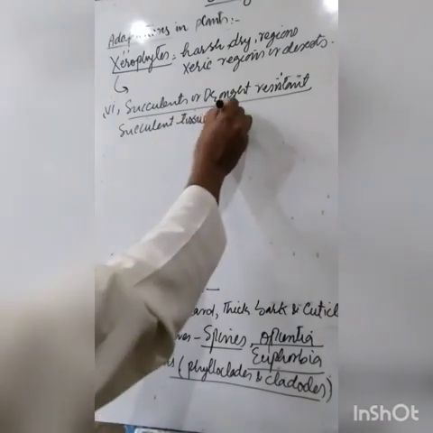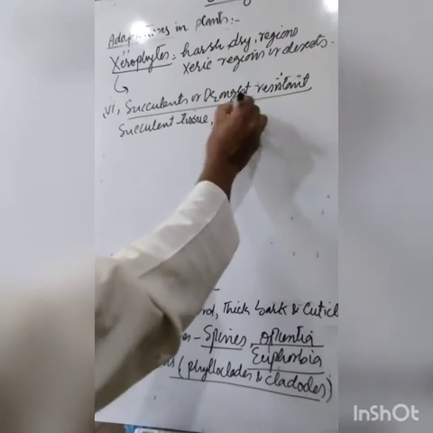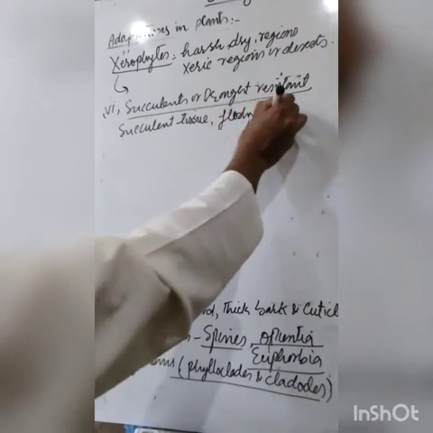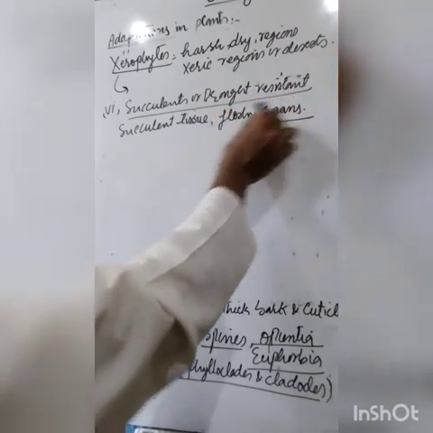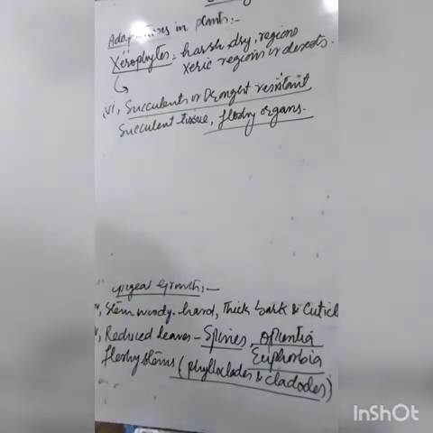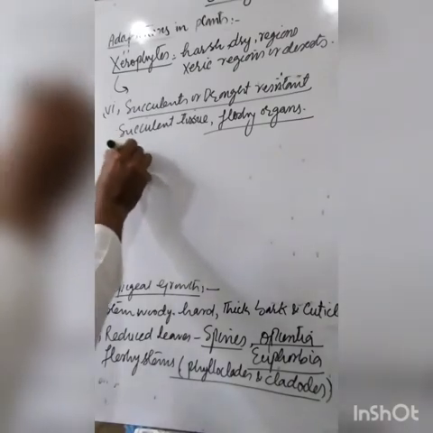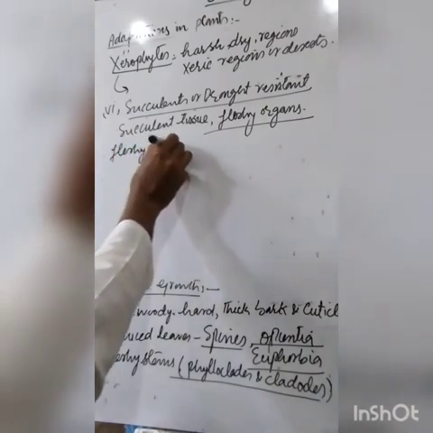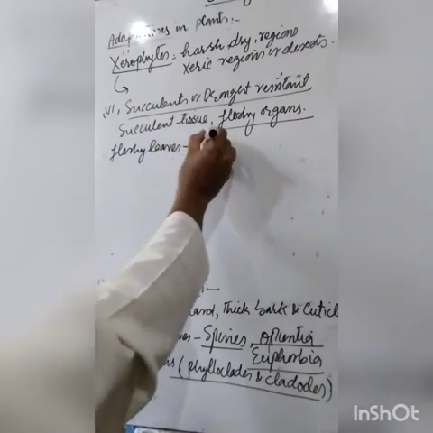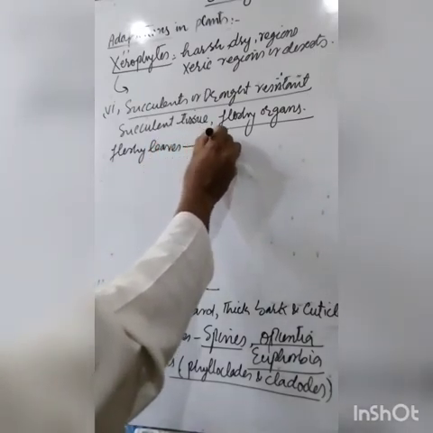They have fleshy organs. If they have fleshy leaves, this is said to be chylophyll.